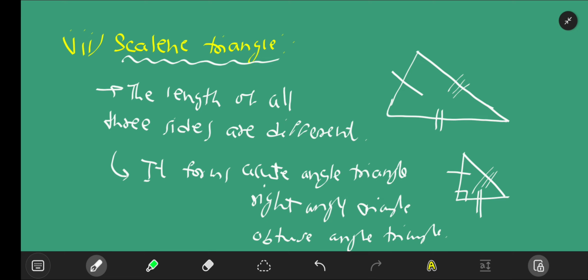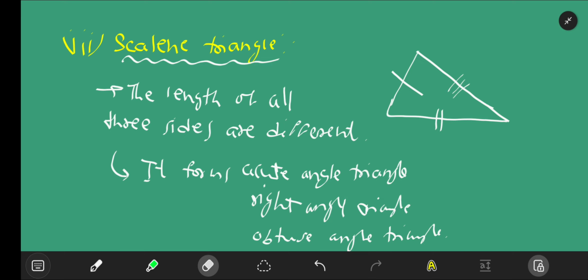If I draw a triangle like this, these three lengths are different, and one angle is greater than 90 degrees. So this is obtuse angle triangle, obtuse angle scalene triangle. So three types of triangles can be formed with scalene triangle. Okay, you have to remember this.